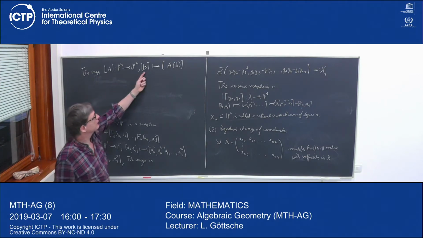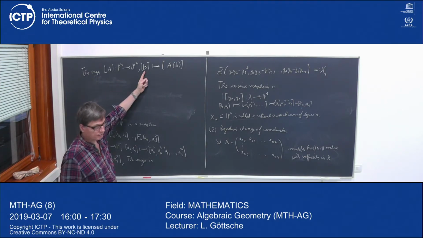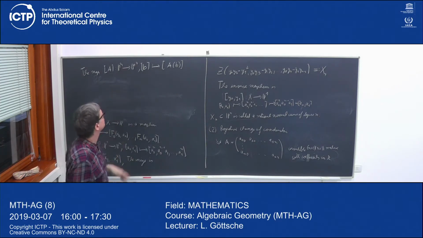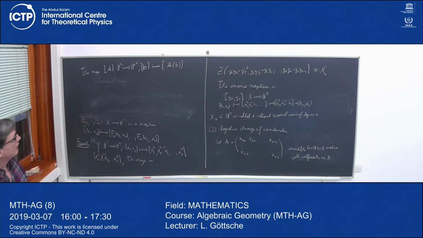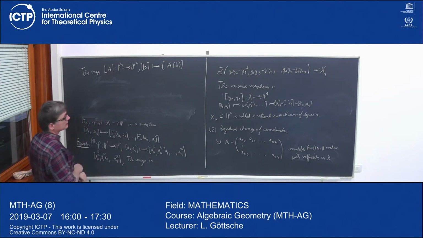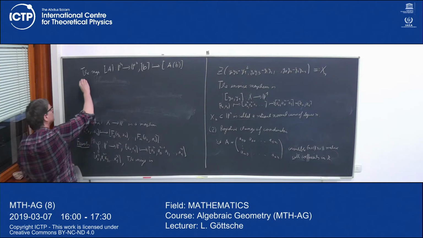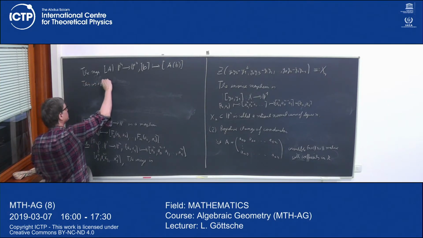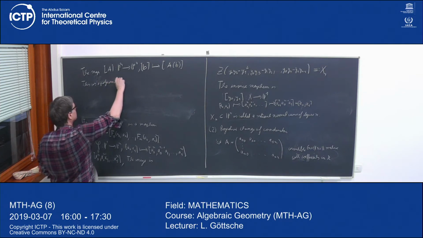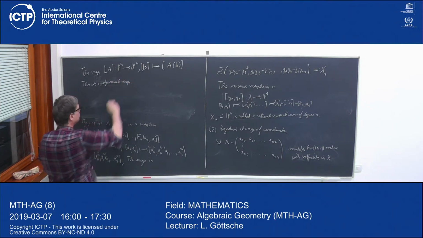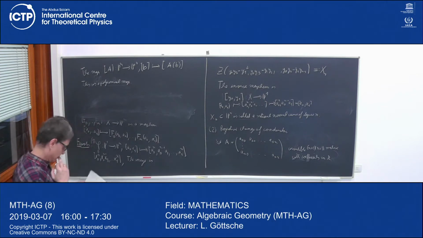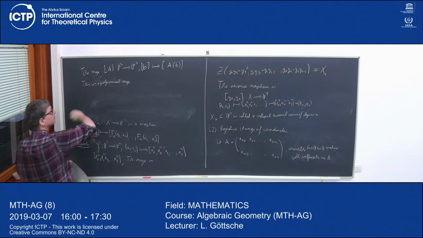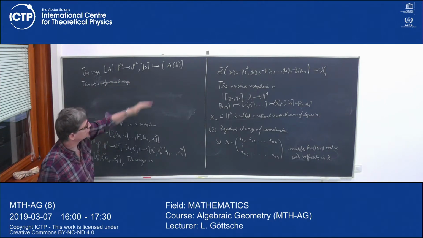If we multiply the coordinates of B by a constant, the whole thing is multiplied by a constant, since A is a linear map. And it's also a polynomial map. Namely, I can write it as given by n+1 tuples of polynomials.